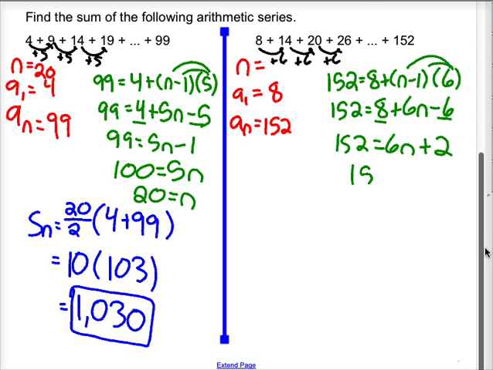I'm going to subtract my 2 from both sides. And then I'm going to divide both sides. Oh, divide by 6, which is going to leave me n equaling 25.